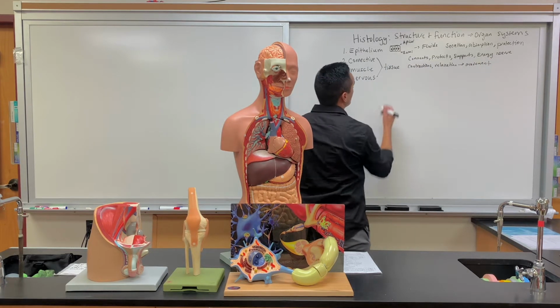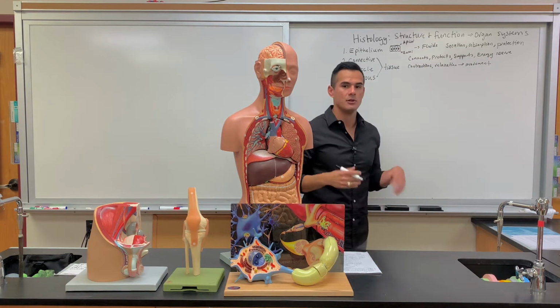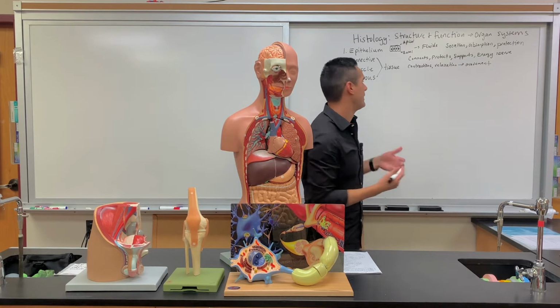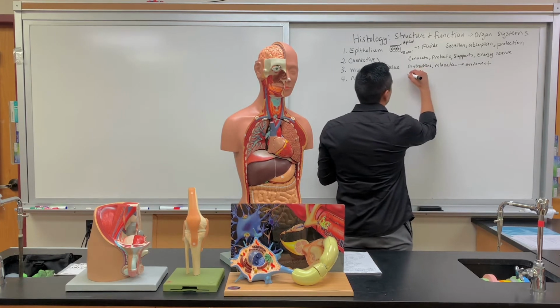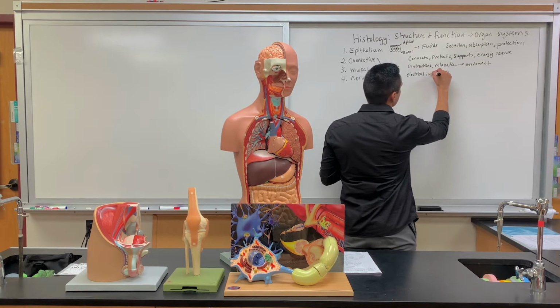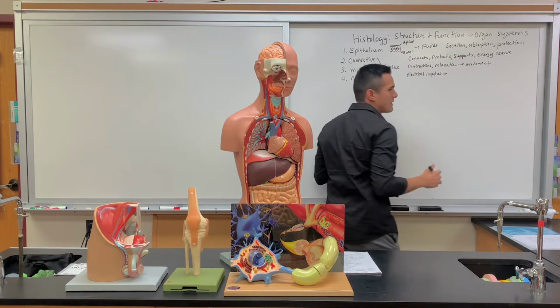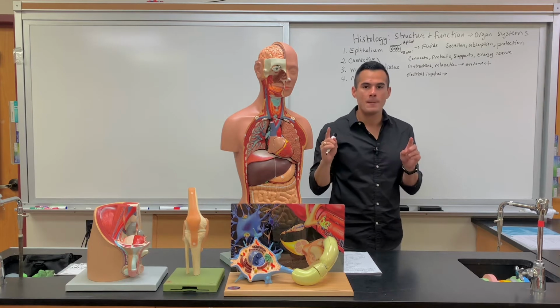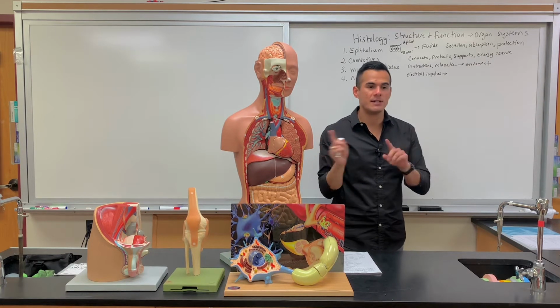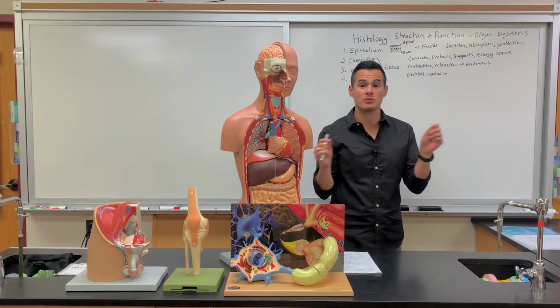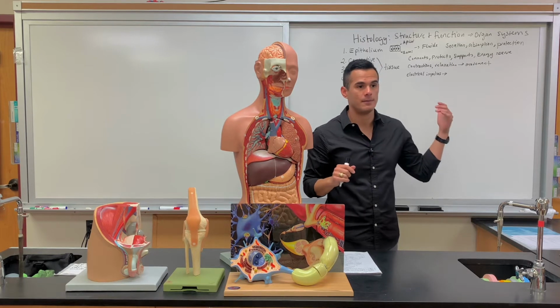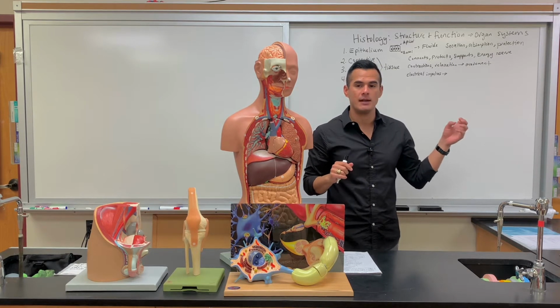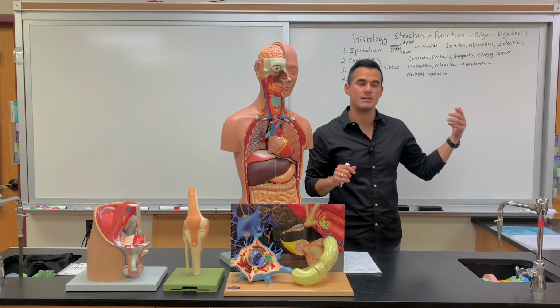Okay, so what about the nervous tissue? What is the function of that? With nervous tissue, we have electrical impulses that are going to travel. And so this is how the nervous tissue communicates with one another. There are neurotransmitters that we'll learn about later on once we get to the nervous system.